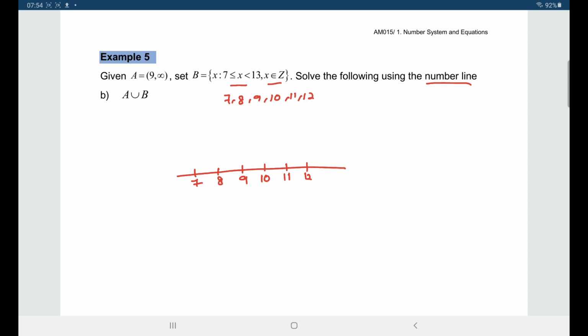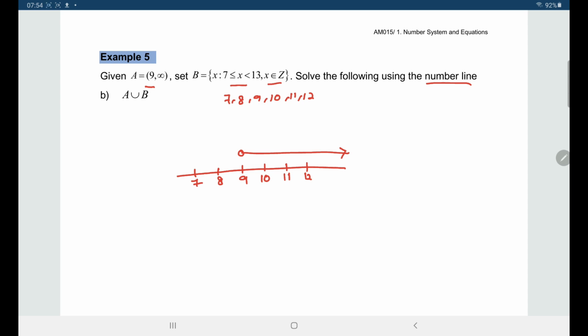Represent the first interval on the number line. Okay, A is an infinite interval, so we draw number 9 to the right. Number 9 empty circle because number 9 is not included.